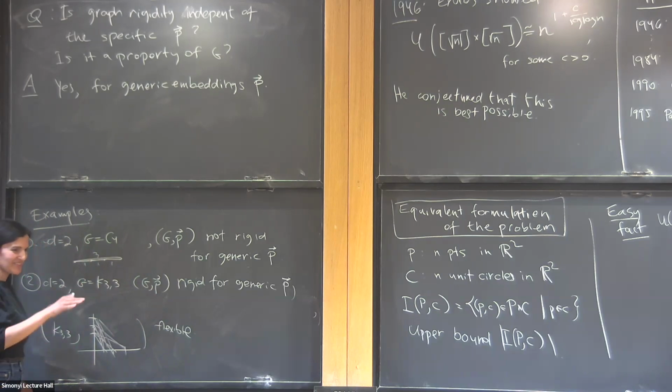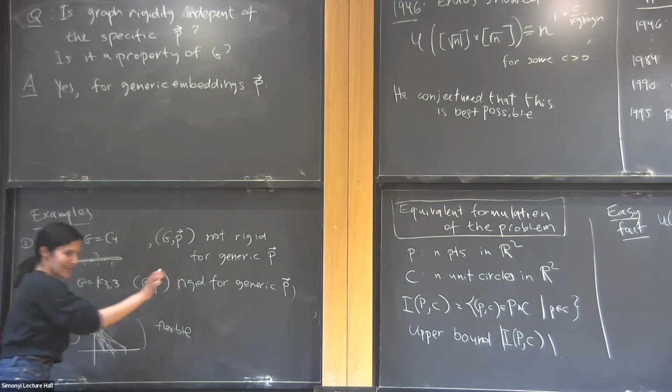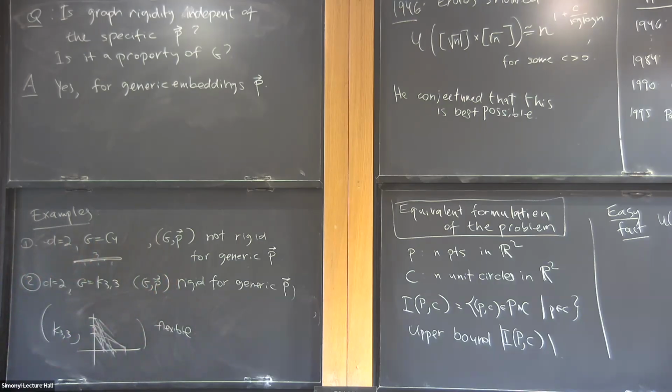I'm not sure. I don't want to spend time on this, but there is an answer, and I'll tell you later. The way I think of it is that you start with the embedding, and this tells you the edge lengths.